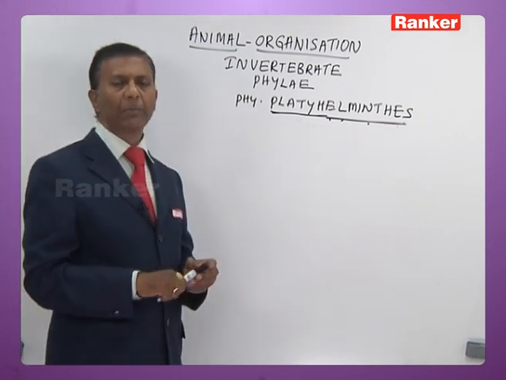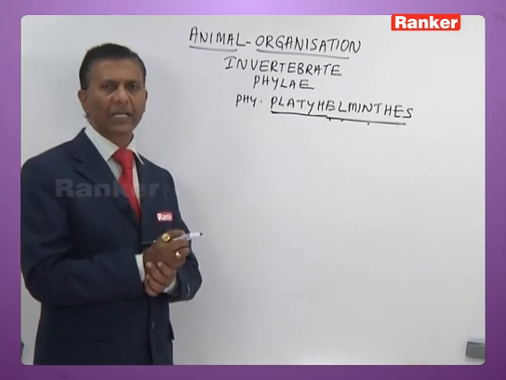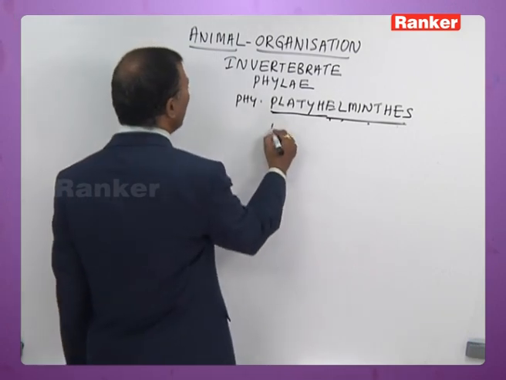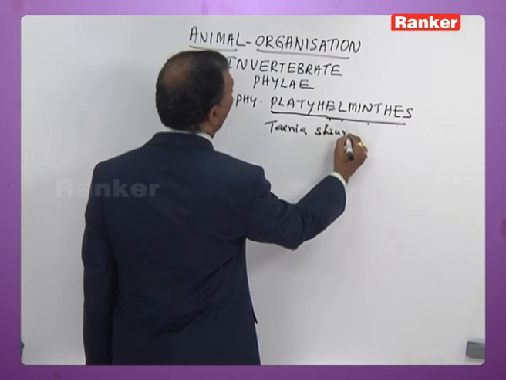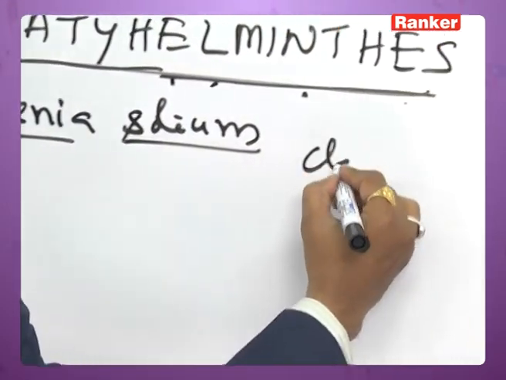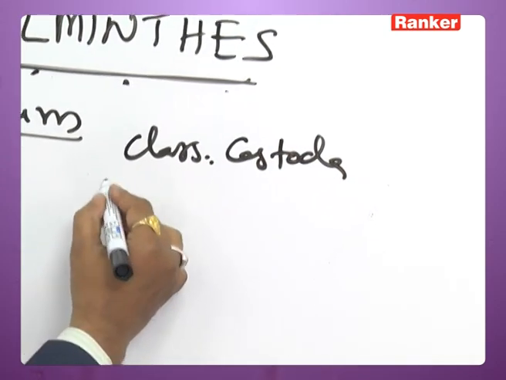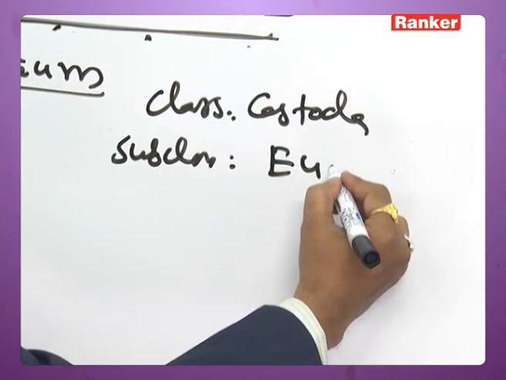The important examples for the Cestoda I shall do. The most important characteristic features of each parasite I shall put before you. We'll start with first Taenia solium. Taenia solium belongs to class Cestoda, subclass Eucestoda.